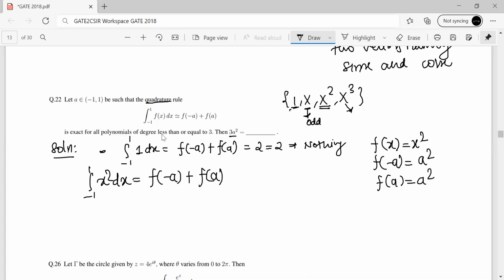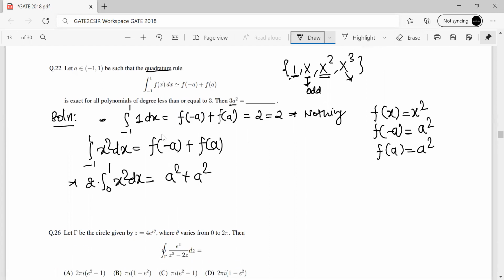This is an even function, so that will give me 2 times integral 0 to 1 x square dx equal to a square plus a square. If I integrate x square between 0 to 1, I get 2 over 3 equal to 2a square. So this 2 and this 2 get cancelled, take it here. So you get 3a square equal to 1, and this is what they wanted.